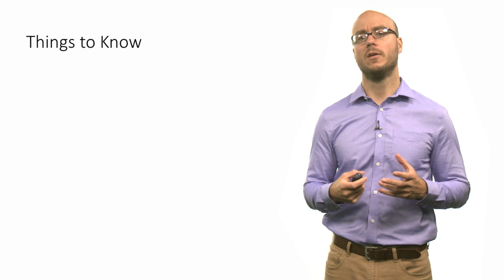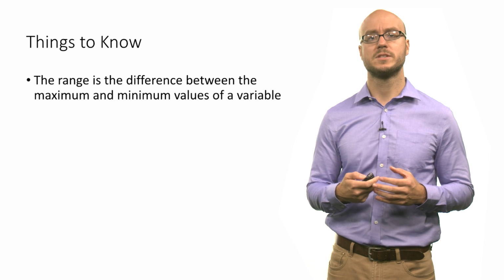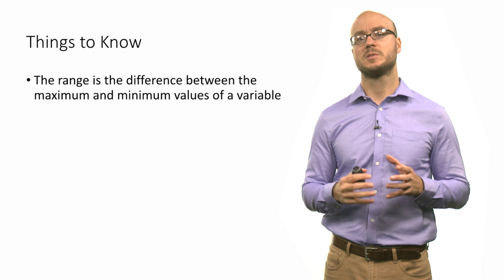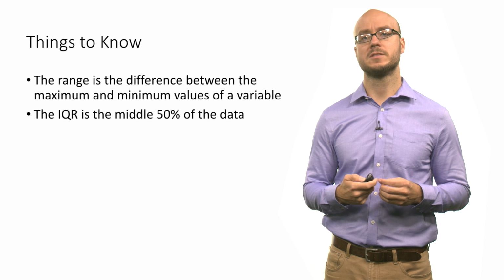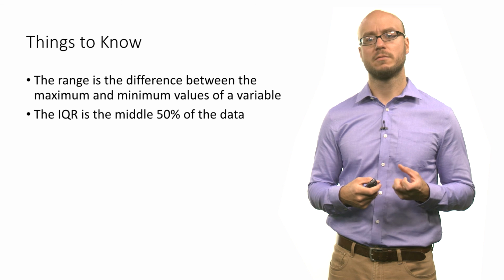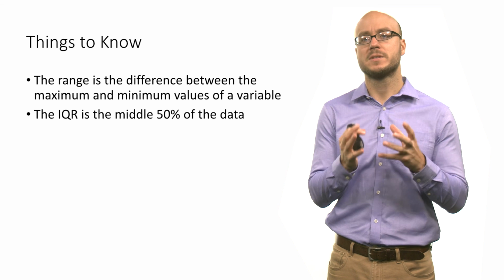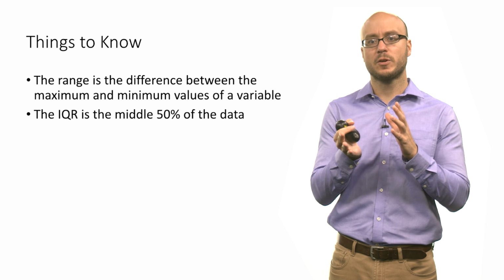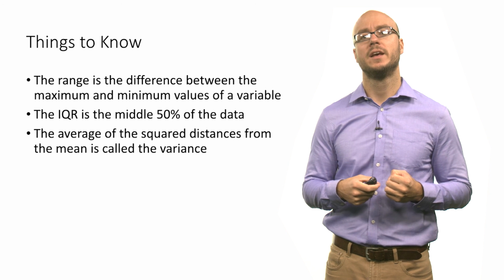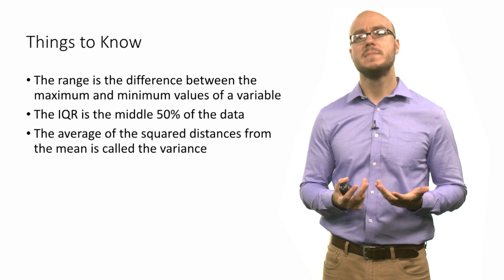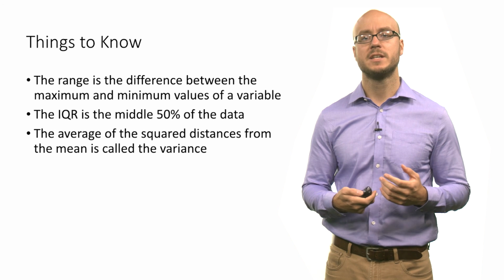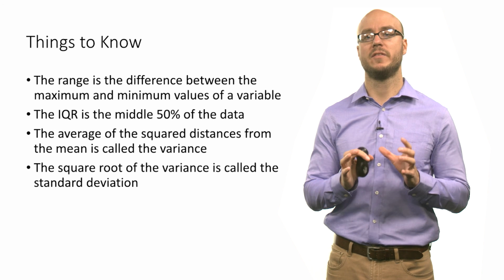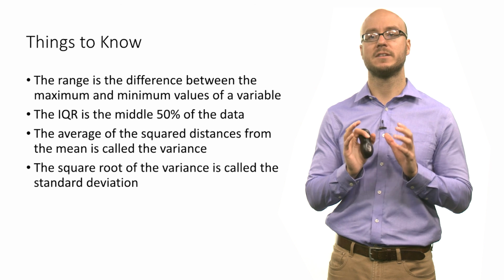So, things to know for our discussion of measures of variation or spread for this week. The range is the difference between the maximum and minimum values of a variable. The interquartile range is the middle 50% of the data, and it captures the difference between the third quartile and the first quartile. The average of the squared distances from the mean we call the variance, and when we take the square root of the variance, we call that the standard deviation.